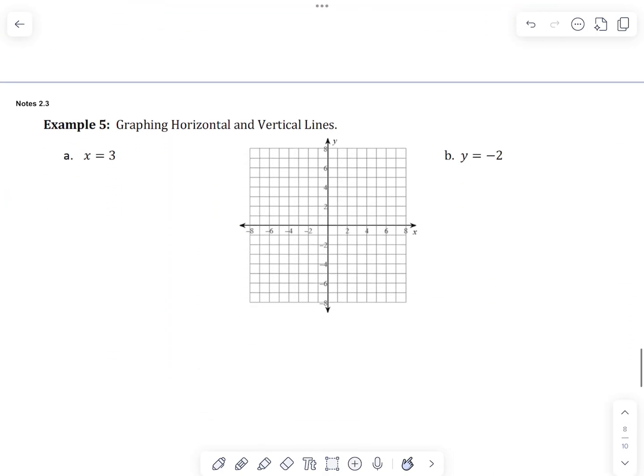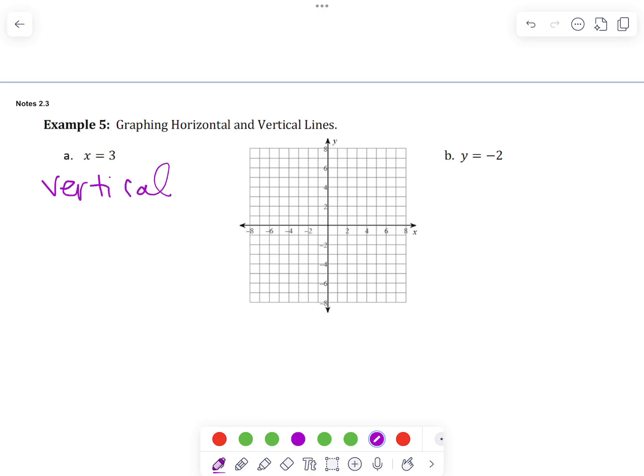So let's go ahead and do an example of each of those. So the first one, x equals 3. This will be a vertical line. And we go over on the x-axis. We find the number 3. So here's the number 3. And we create that vertical line.